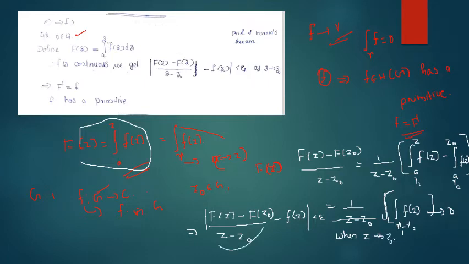This can be considered as taking the limit, that is F dash. So we have F dash equal to small f. Therefore, small f has a primitive.